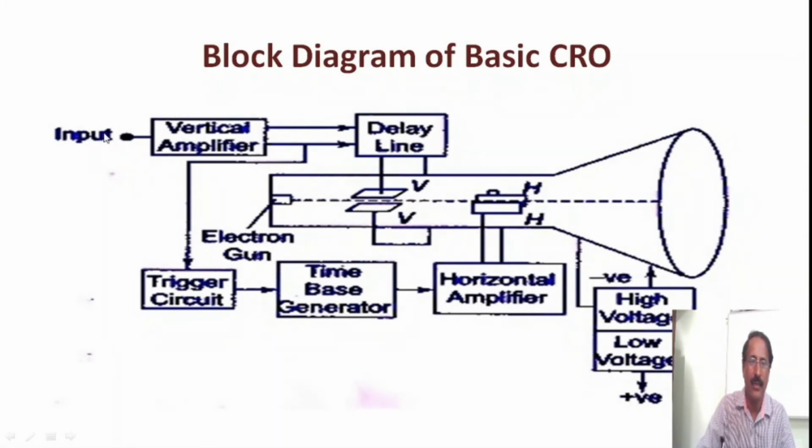Input is given, the vertical amplifier is there, the delay line is there, then the trigger circuit, time base generator, horizontal amplifier, and also the high voltage and low voltage required for the CRO are in this basic diagram of CRO.